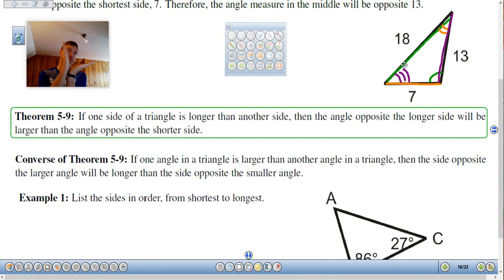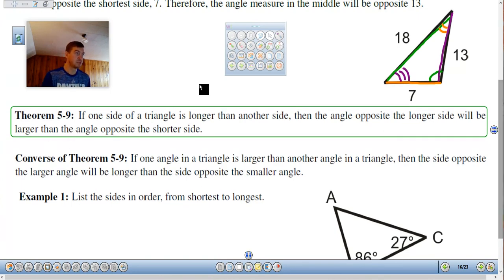And so if the side is longer, then that angle is going to have to open wider, but if it's a short side, then it's only going to have to open so far. So as this distance between my fingertips increases, the angle will in fact get larger.